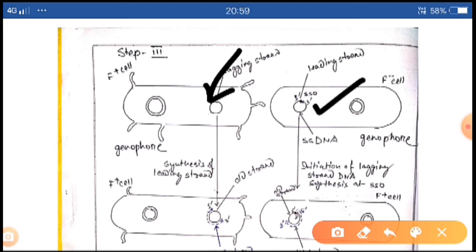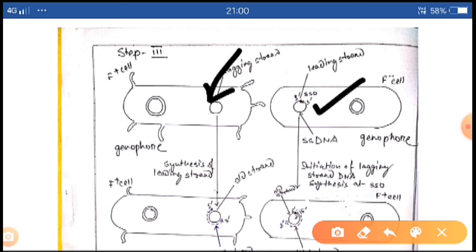So DNA replication will take place, and by means of DNA replication both of these single stranded DNA in the plus cell and minus cell will be converted into double stranded DNA.